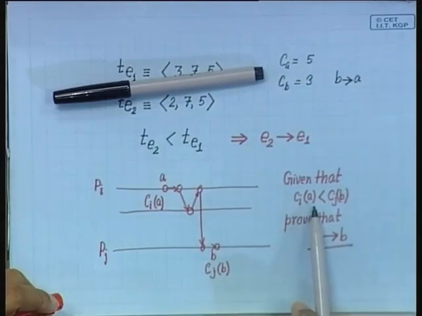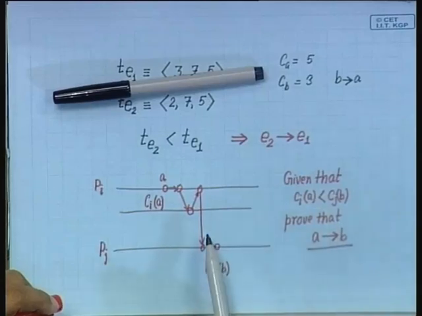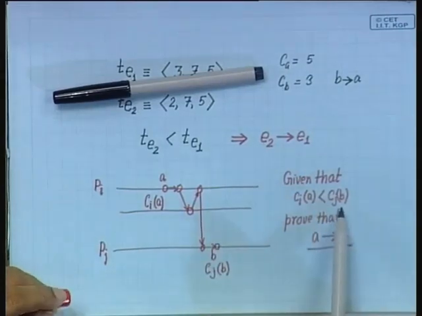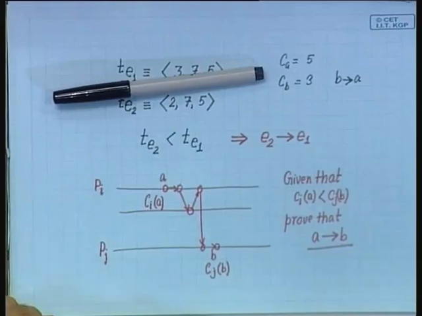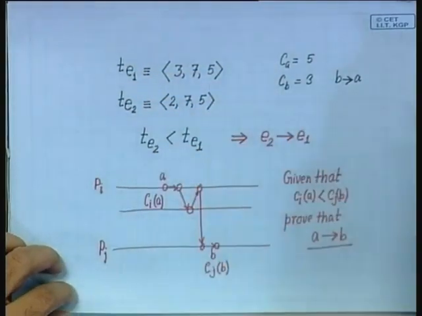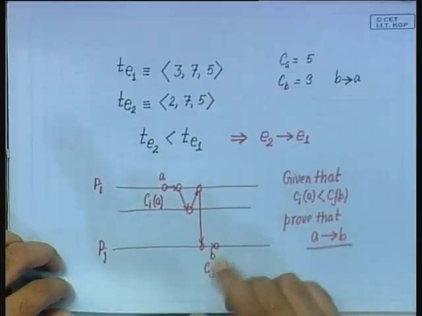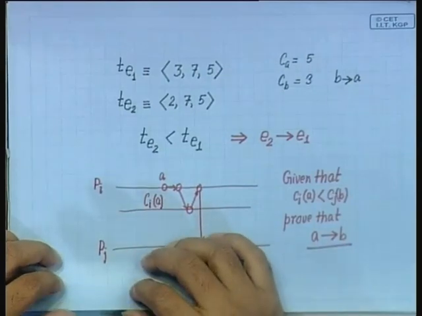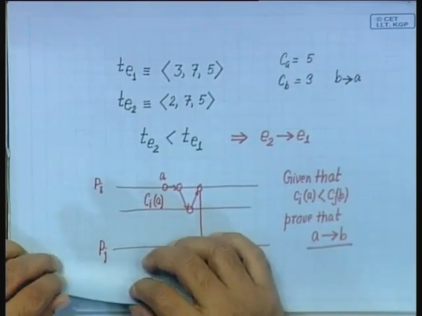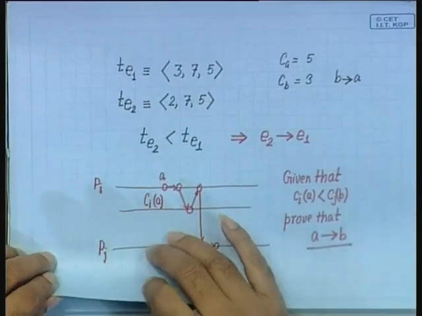Given that CiA is less than CjB, where both are vectors, we want to show that A happened before B. This we have to prove, otherwise we haven't really shown that vector clocks guarantee this fact, that whenever one vector clock is less than the other, then that event must have happened before the other one. If you get stuck, let me know.